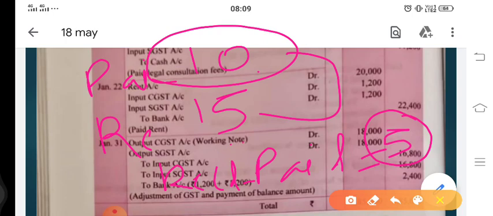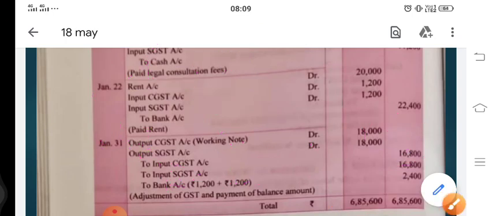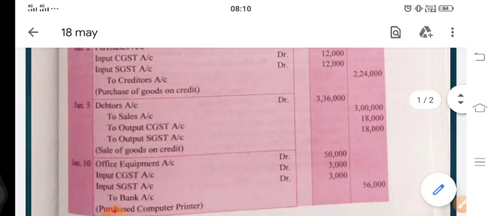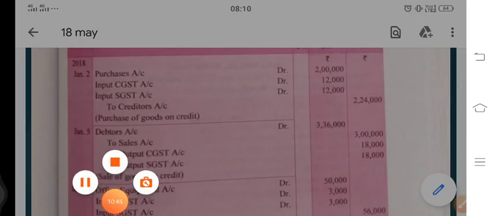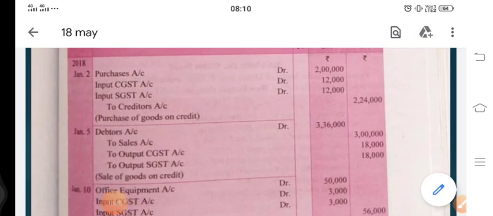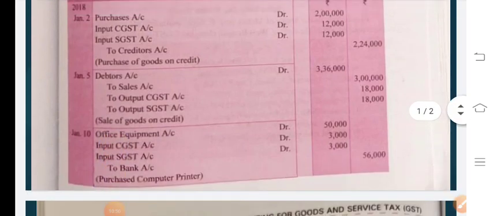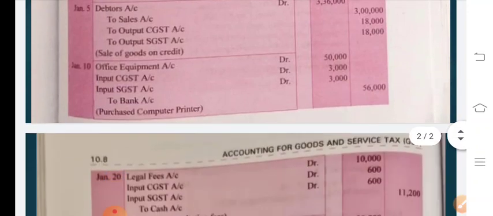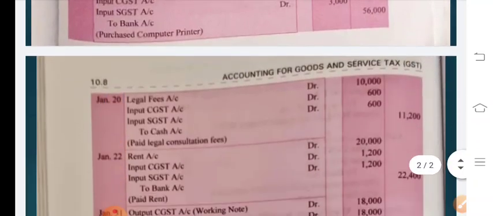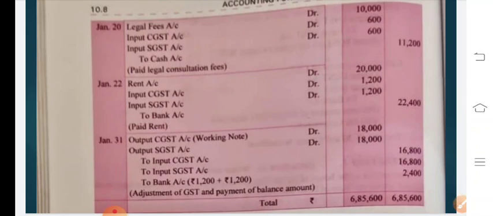Here in the question, let's check what is the amount of input GST and what is the amount of output GST in both the cases, CGST and SGST. If you look at the question, you'll see that in the first case we have input, in the second point we have output, in third we have input, in fourth we have input, fifth also we have input, sixth is not to be taken into account because this is the adjustment part.